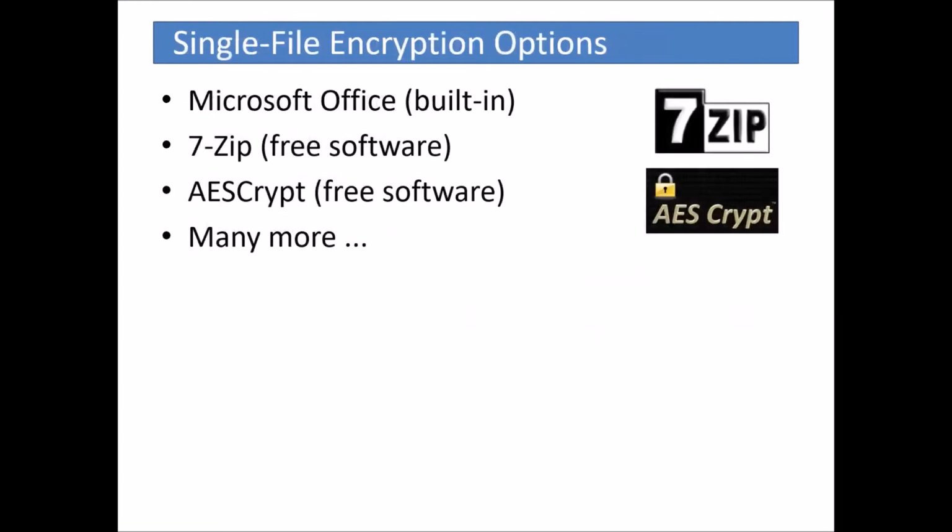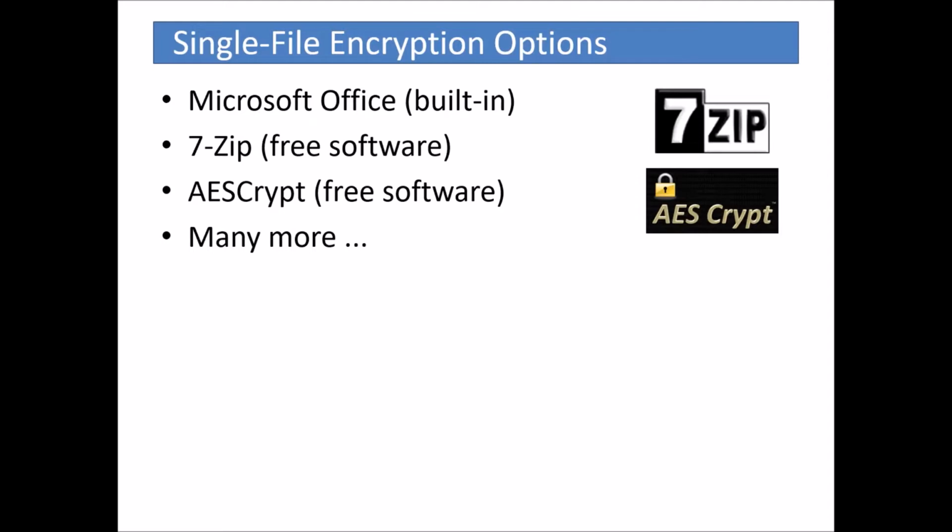So there's lots of ways you can do single file encryption. Microsoft Office has it built in. I'll show you that in a second. There's all kinds of software out there for free. I use 7-Zip a lot to do encryption. And I also use a program called AES Crypt. AES stands for Advanced Encryption Standard, and it's a US government standard.